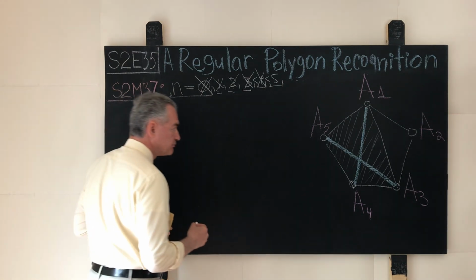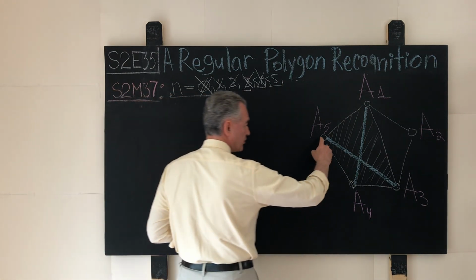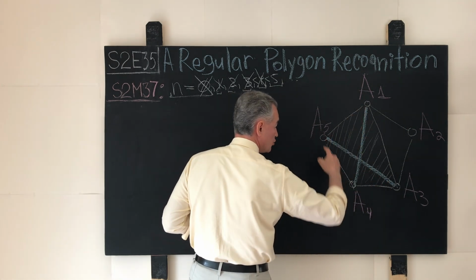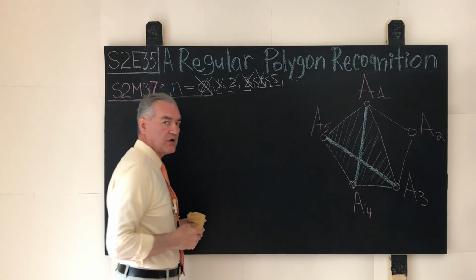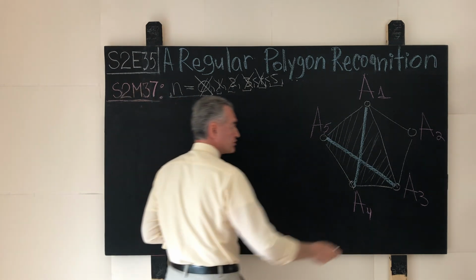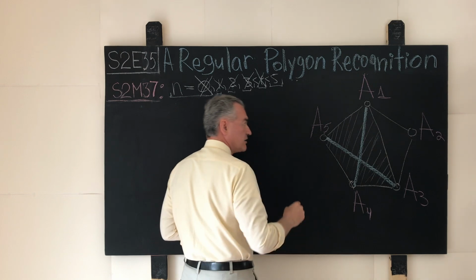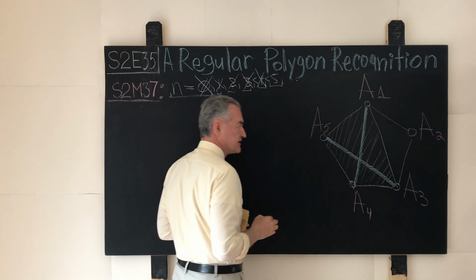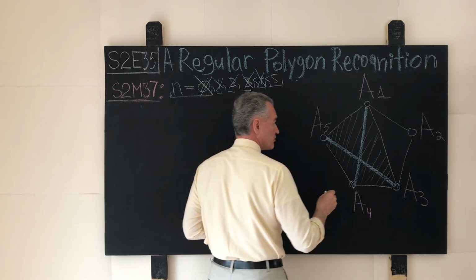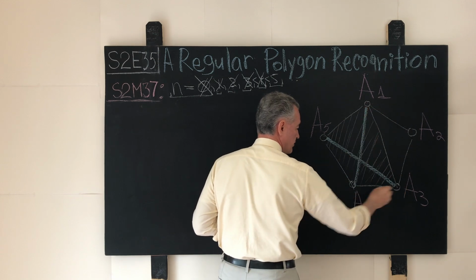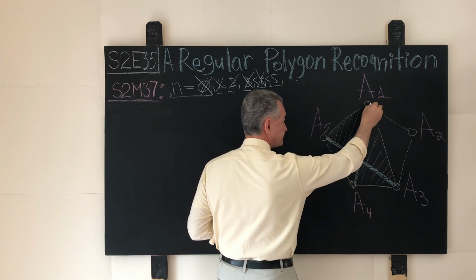Now we take the Ptolemy's theorem or Ptolemy's equality and apply it to our regular pentagon whose vertices are named A1, A2, A3, A4, A5. And in this regular pentagon, we select the following quadrilateral: A1, A3, A4, A5.